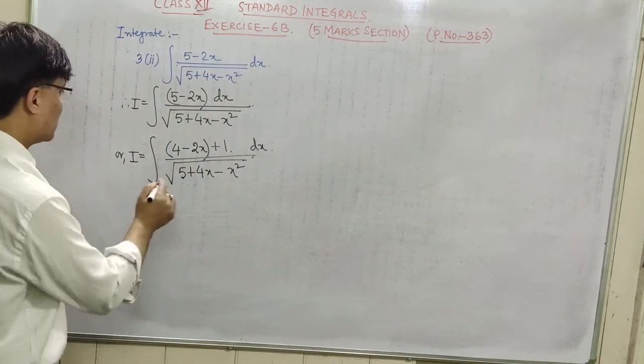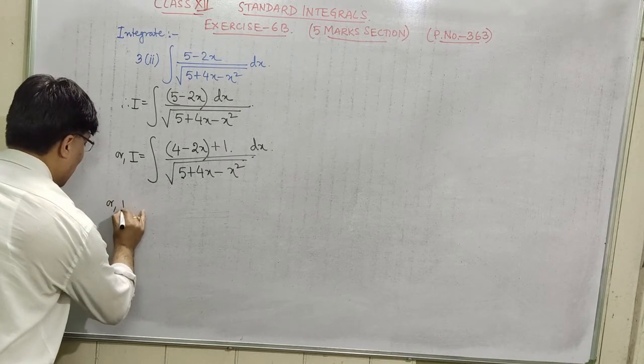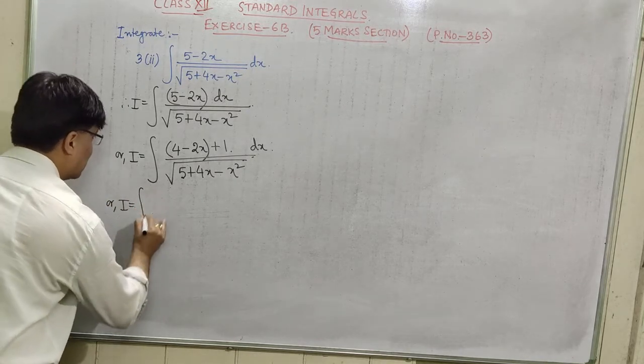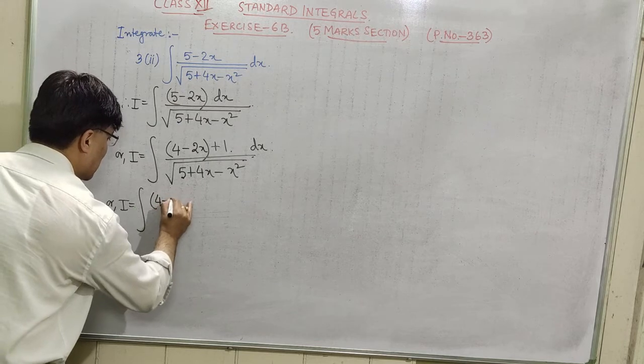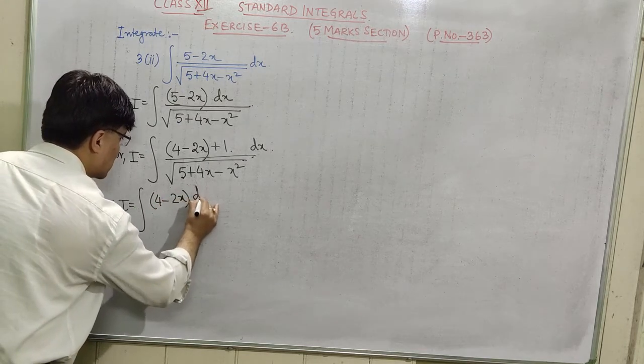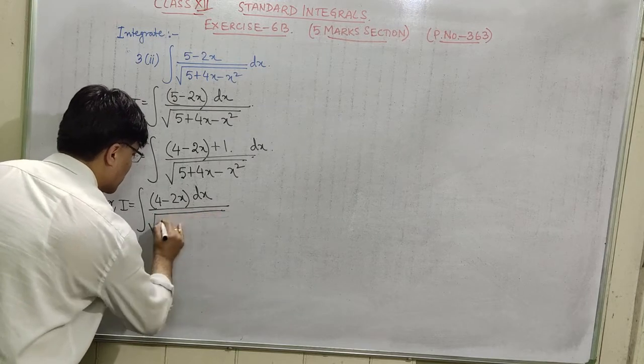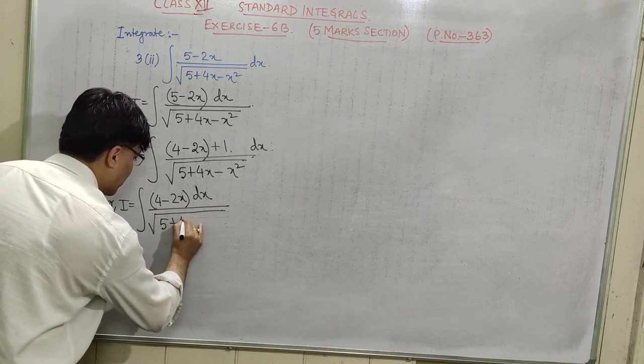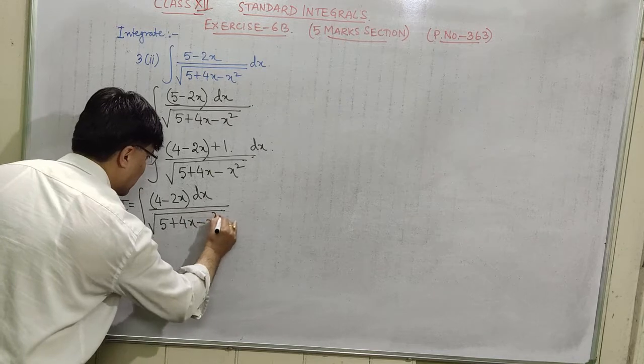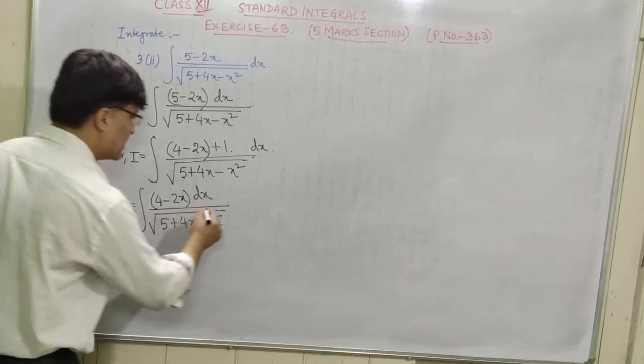Now we can separate the term, or I is equal to, let us separate the term, integral sign, this is 4 minus 2x bracket close dx divided by root over 5 plus 4x minus x square. This is the first term. What is the second term?